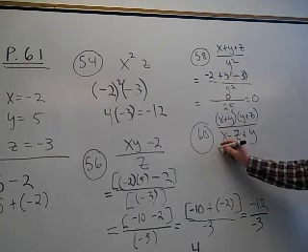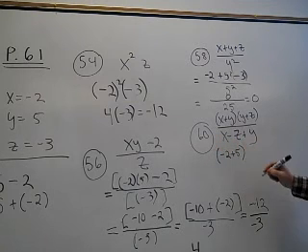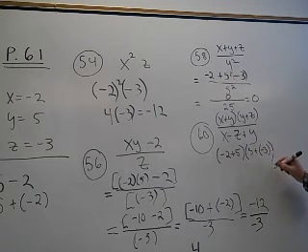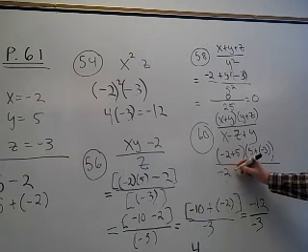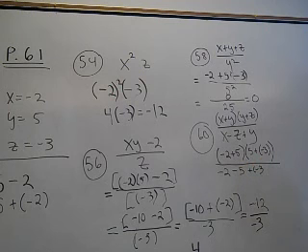Last expression. Got -2 plus 5 in this first set of parentheses. 5 plus -3 in this second set of parentheses. -2 minus 5 plus -3 downstairs.